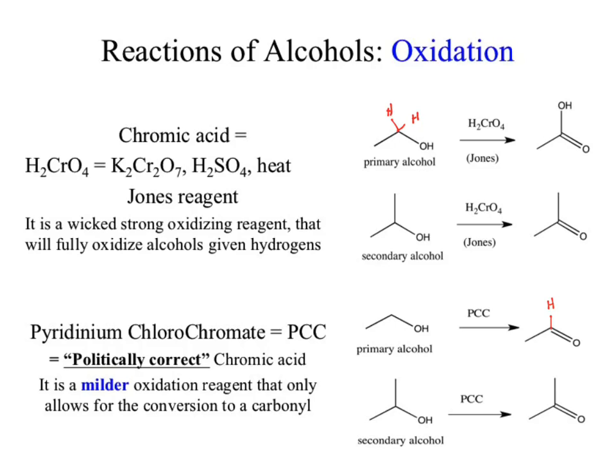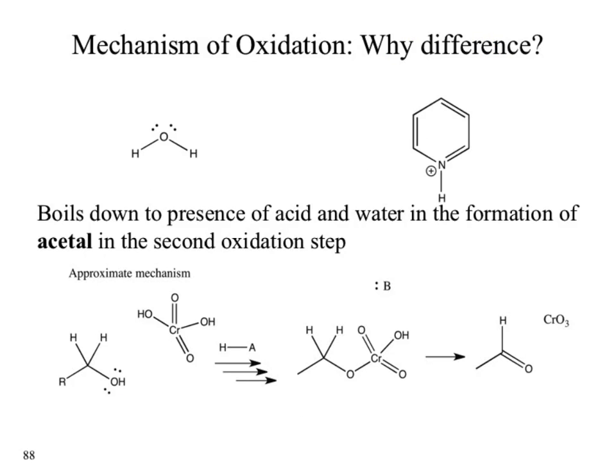Chromium with water is chromic acid. Chromium without water is PCC. Okay? PCC is that pyridinium. That's what differentiates it. Instead of water as a solvent, we have pyridine. And that's why we get the 2 different oxidation reactions, is literally just the presence of water. Okay? Where does that happen?